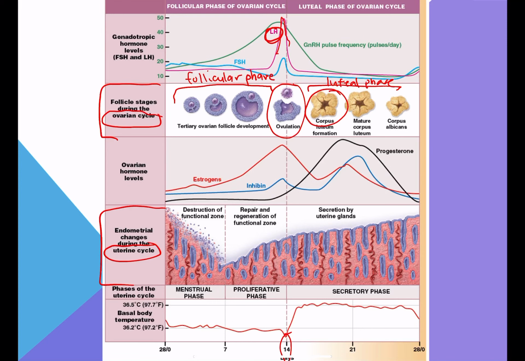That's why it comes out just slightly before day 14. Okay, and this is what those ovulation kits are detecting when you test your urine every single day throughout that cycle. They're looking for that rapid increase in LH hormone, okay, to denote when ovulation is going to happen.